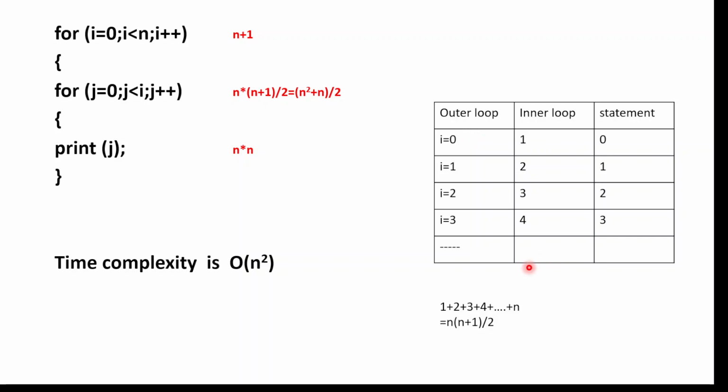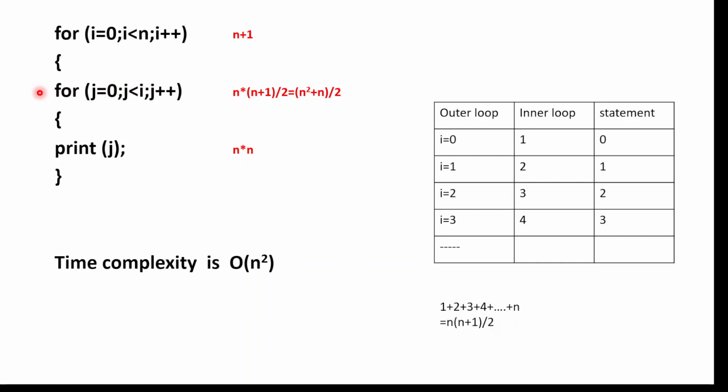The number of iterations are mentioned here. Now, how many times does the inner for loop get executed? For each value of i: at the beginning when i equal to 0, the inner for loop is executed once; i equal to 1, it is executed twice; i equal to 2, it is executed 3 times, etc. This can be generalized as 1 plus 2 plus 3 plus 4 plus etc. up to n, which is the sum of n natural numbers, given as n into n plus 1 divided by 2.